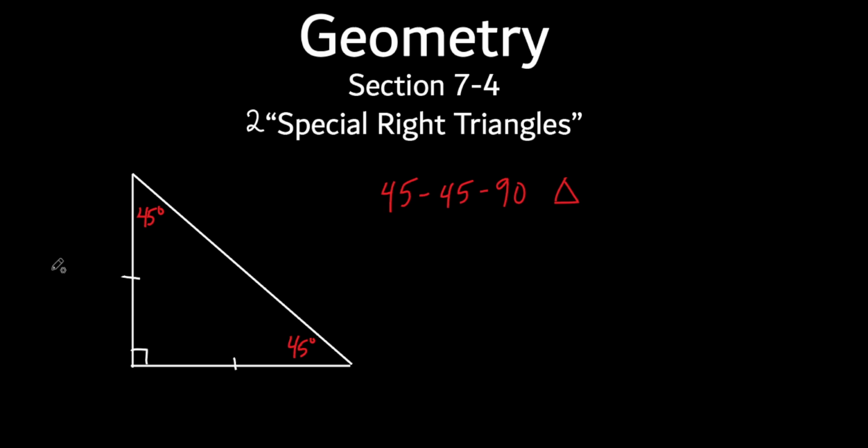Let's say that was 1, and this was 1. Now I want to find the hypotenuse, which we'll call C. Everybody with me? So let's solve for C. Everybody ready? Okay, follow along. So C squared equals what?